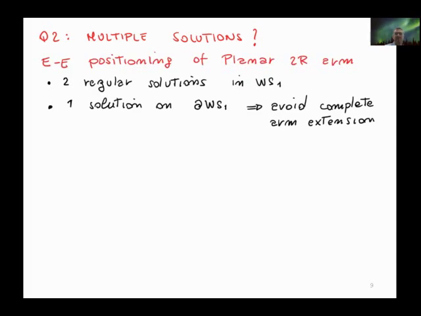Let's summarize. So we saw that in the case of a planar 2 revolute joint arm, we have 2 regular solutions whenever the end effector is in the reachable workspace, and 1 solution whenever it's on the boundary of the workspace, either inner or outer.